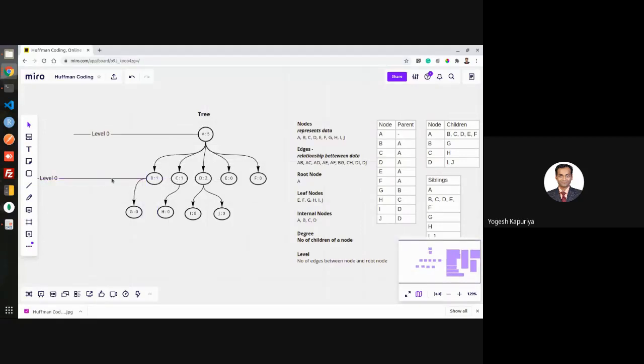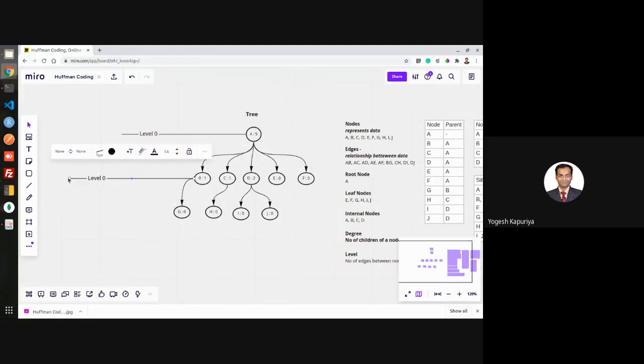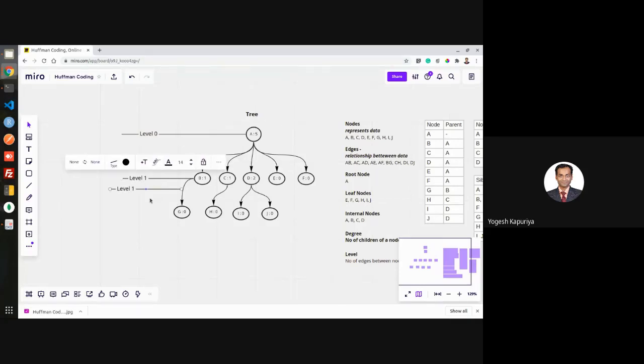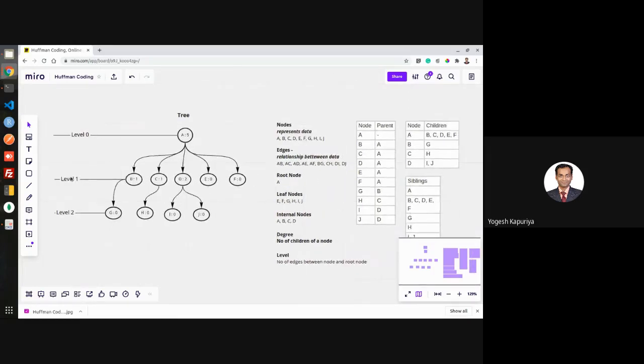All these nodes are at level 1, and these are at level 2. Okay. So this is about the level of the node.